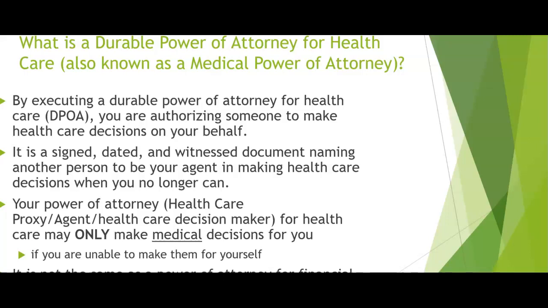It is a signed, dated, and witnessed document naming another person to be your agent in making healthcare decisions, again, when you cannot. Your power of attorney for healthcare may only make decisions if you can't make those for yourself. Do I sound like I'm repeating myself? It's a really key point.